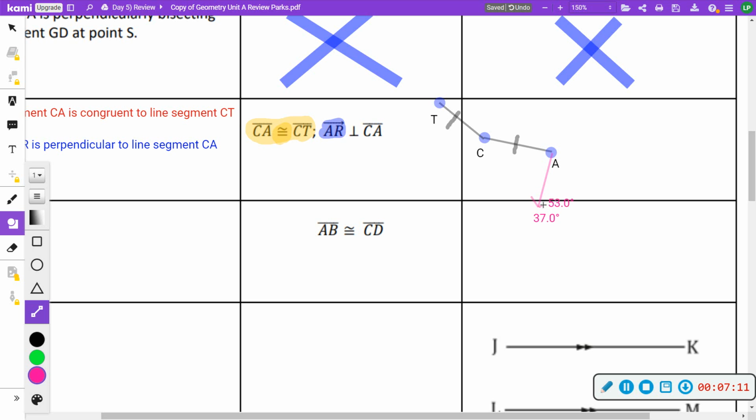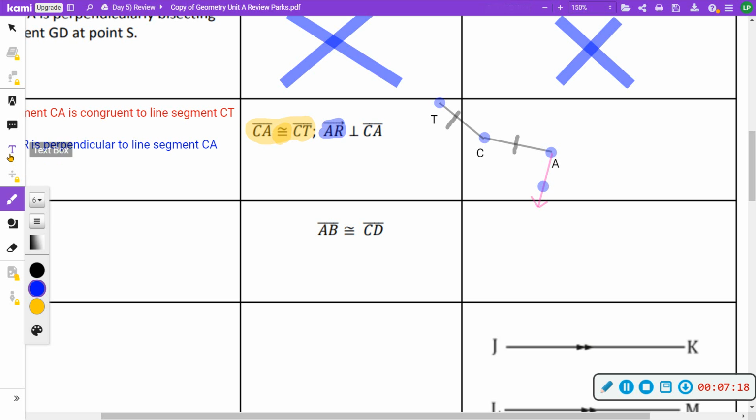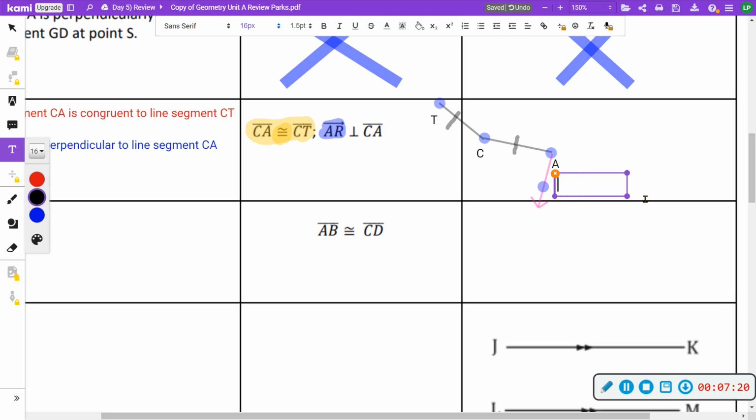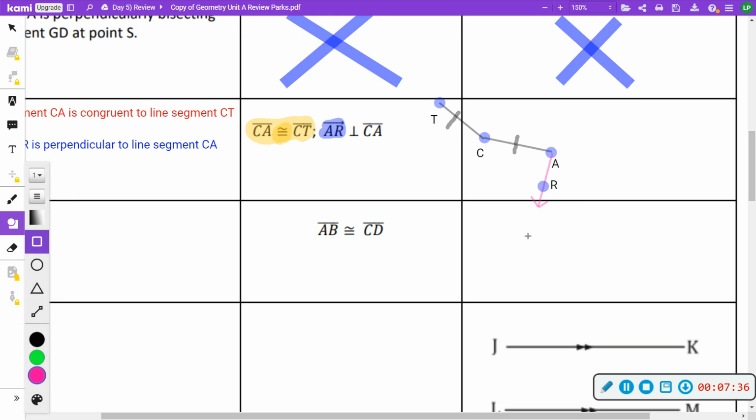That means it goes forever to R. And I'll label this as point R right there. And so we drew a ray, and we drew the picture. We got CA congruent to CT, and we got AR, the ray, perpendicular to CA. And remember, what I could do is I could put a little box right here to show that they're 90 degrees. Let's see, I'm going to have to draw that by hand.